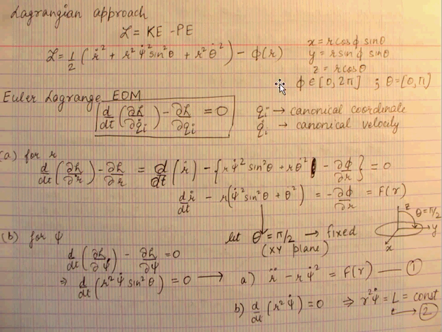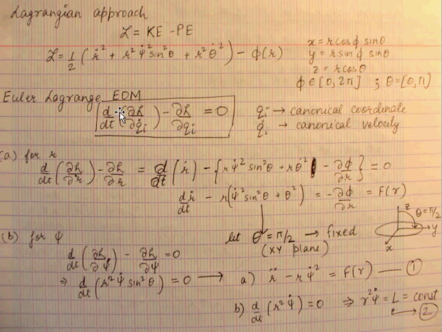Please do not confuse this with the potential phi, right? Though we usually write potential as capital Phi, and then the azimuthal angle again as phi. But right now I'm just taking it to be psi. So psi is the azimuthal angle that goes from 0 to 2 pi, and theta is the polar angle that goes from 0 to pi, right?